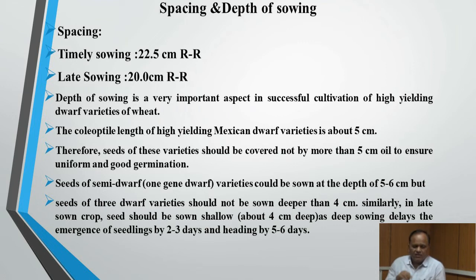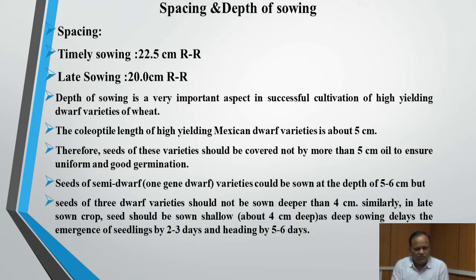So for the timely sowing condition, the distance between row to row in wheat is 22.5 centimeter, if you grow in timely sown condition, that is in the first week of November.